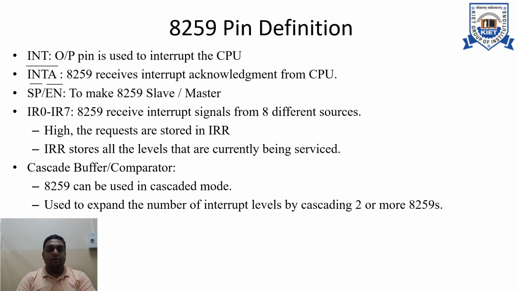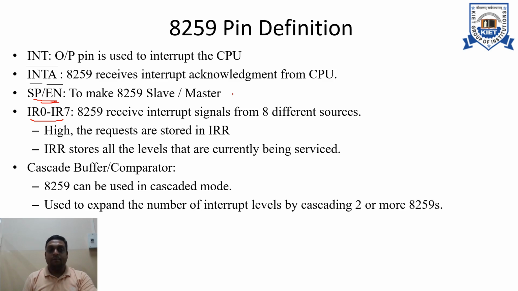In 8259, INT stands for interrupt. INTA means interrupt acknowledgement. SP bar, EN bar means slave master or enable disable. So if we are using 8259 in cascading mode, then we have to use this signal.